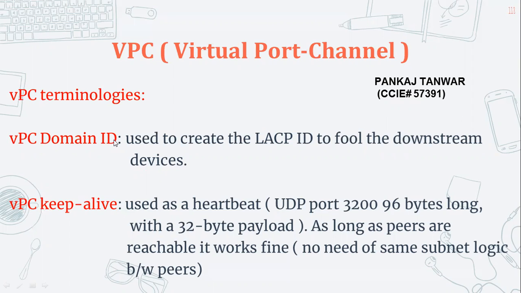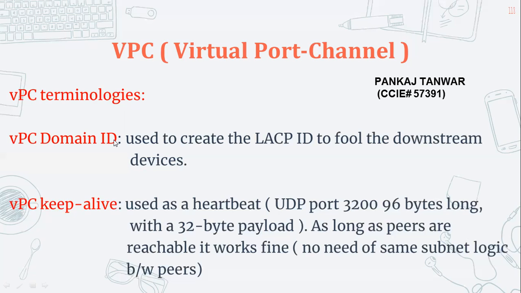First of all, we need to configure the domain ID, and using that domain ID, the VPC peer devices will create a LACP system ID. The peer devices use it to fool the downstream devices, because they present themselves as a single device to the downstream devices, right?